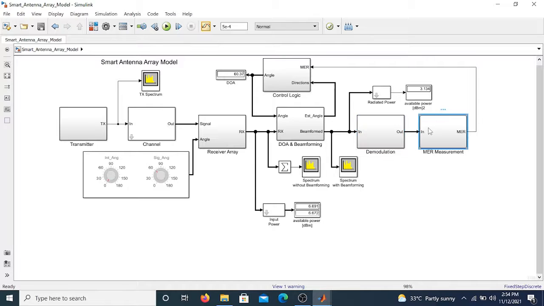The next block is the modulation error ratio measurement, which determines the output error of the array. Then finally is the control logic block, which simply predicts or determines the direction of arrival angle.